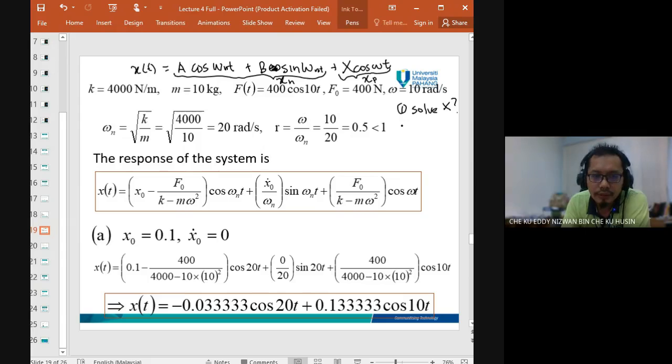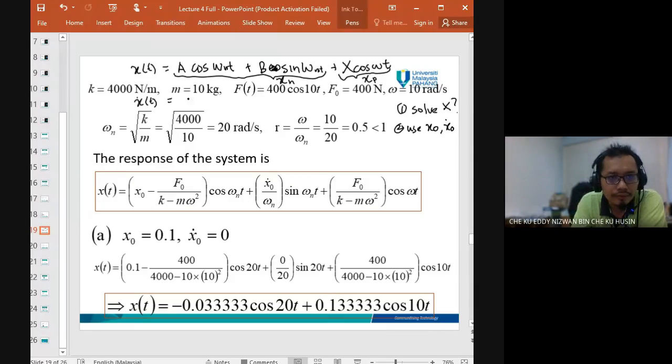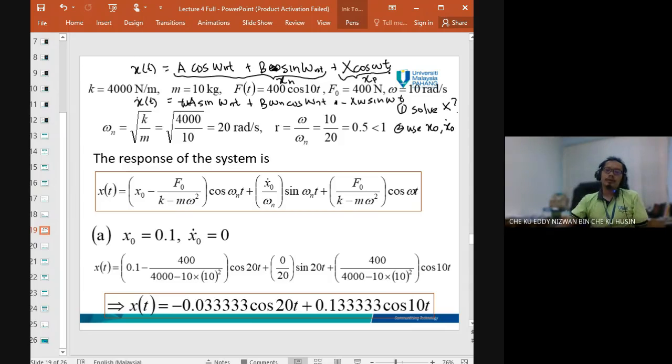Next, you insert the initial conditions, using x0 and x-dot 0. For the second one you have to differentiate, so you make another equation for the velocity, which is minus A ωn sin ωn t plus B ωn cos ωn t minus X ω sin ωt.